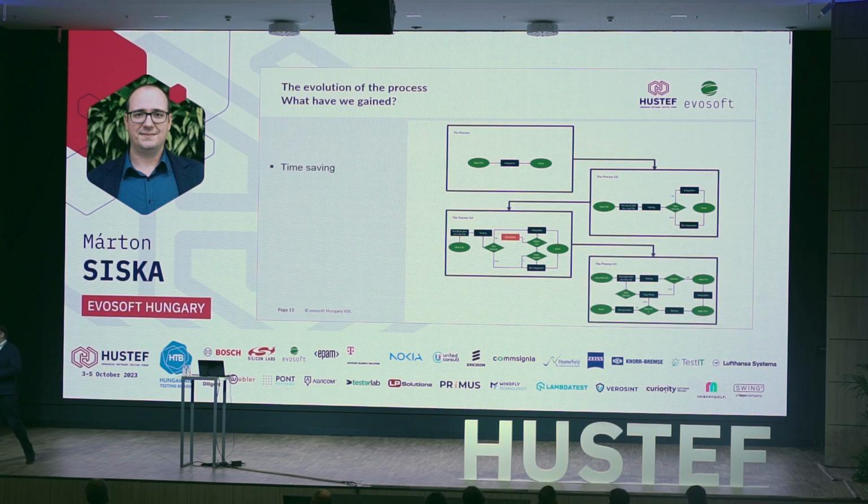Because the bug fixing has received the highest priority for this process, everything became smoother, more reliable, and eventually, if we compare our situation to process 2.0 or 3.0, we are quicker, we are more efficient at this point in time.